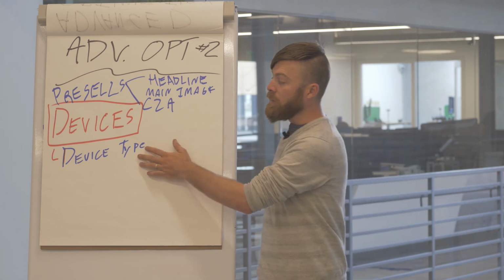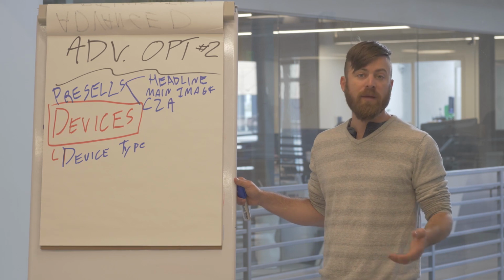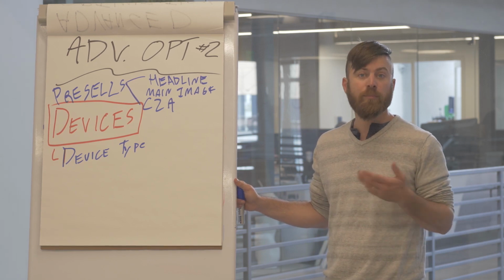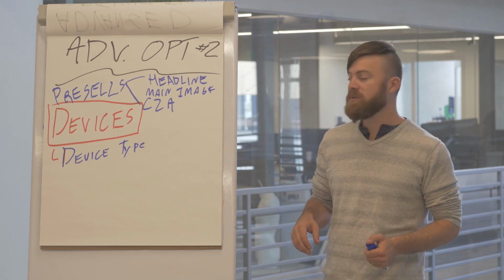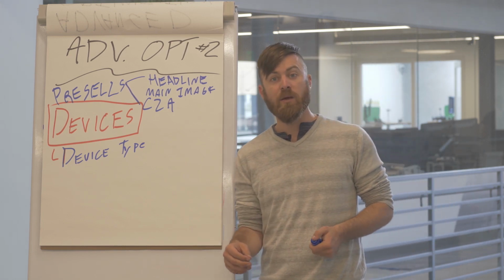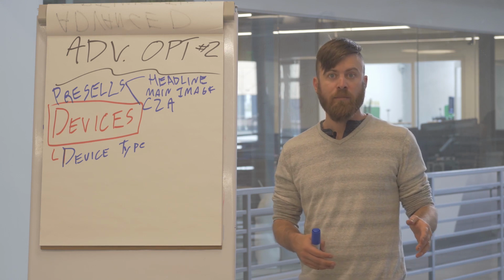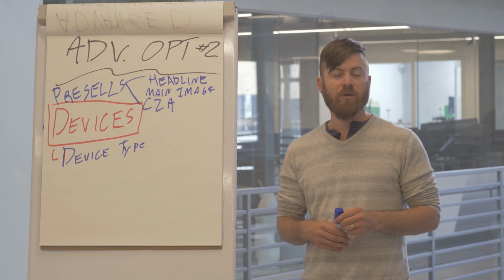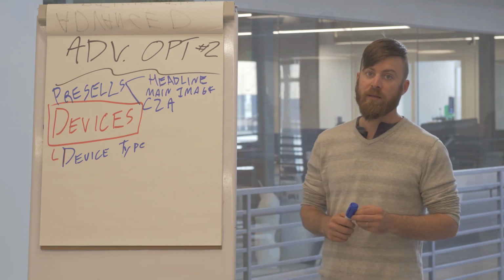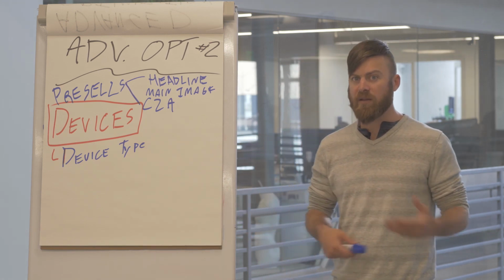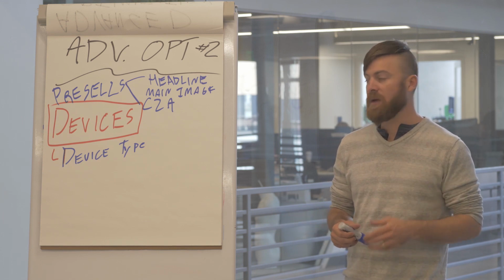Or maybe certain phones aren't rendering your pre-sale page because you've edited it and created your own. So that's a big thing to look out for. And you could say, wow, you're making great money on iPhones, but for everybody else your pre-sale page doesn't show up correctly. So that's a big inhibiting thing. And again, when you're working with my own affiliate program, you don't run into those issues because everything's optimized along the way.